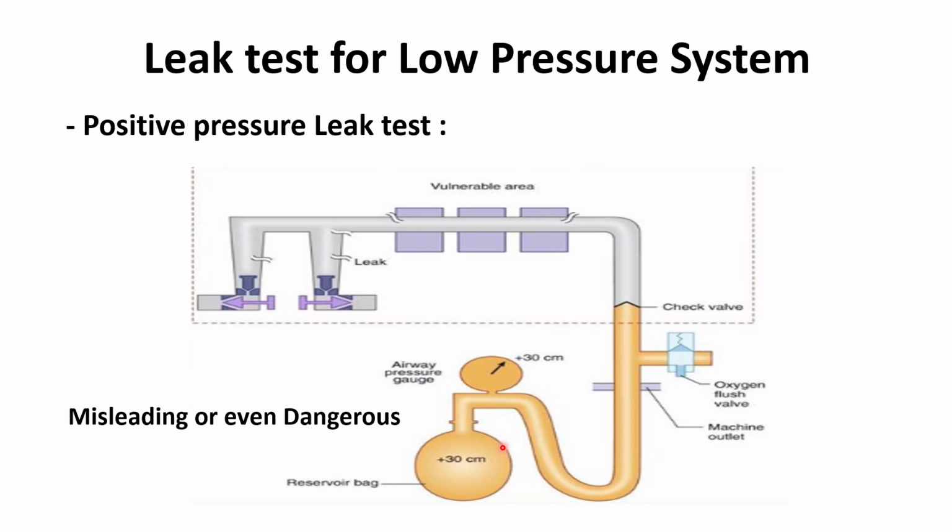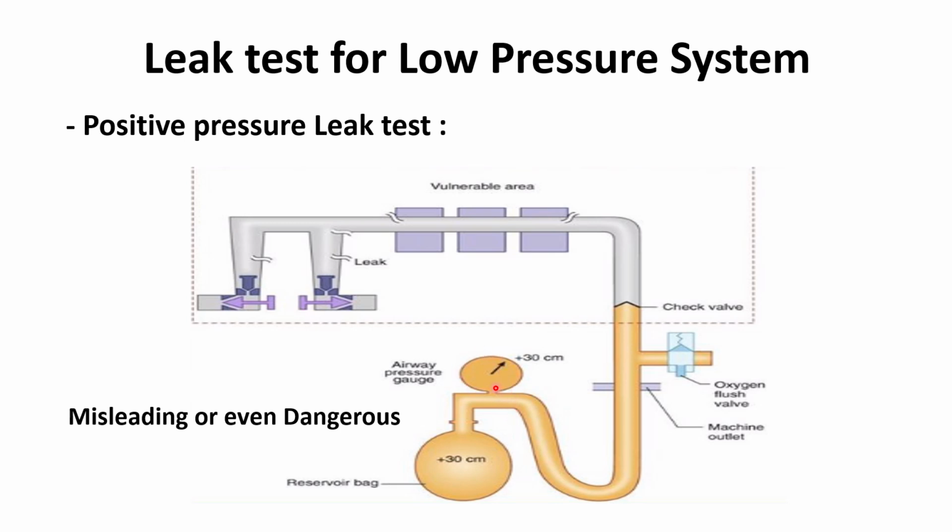I close the APL valve and flush oxygen from the flush valve to maintain the pressure inside this circuit at 30 centimeters of water.